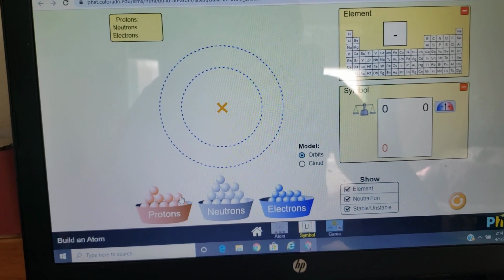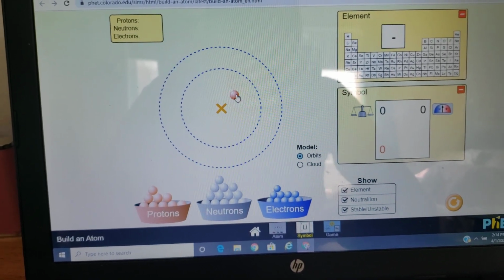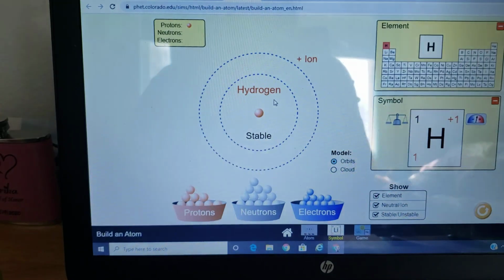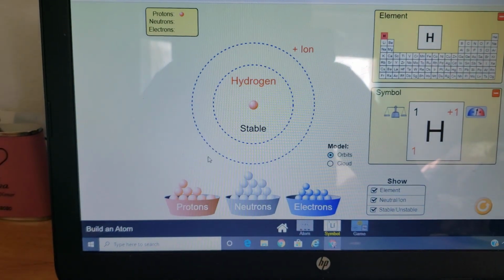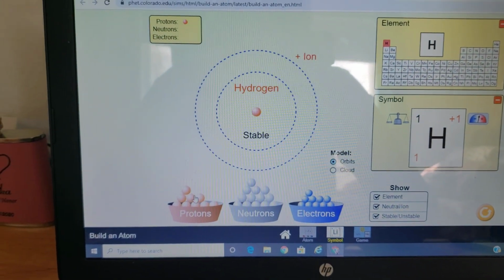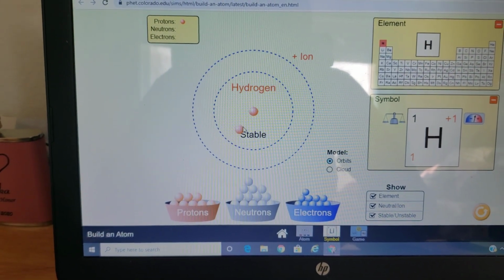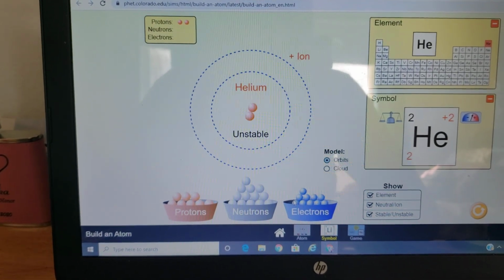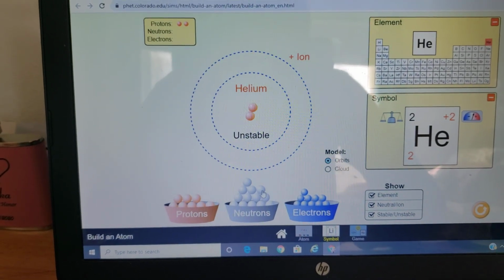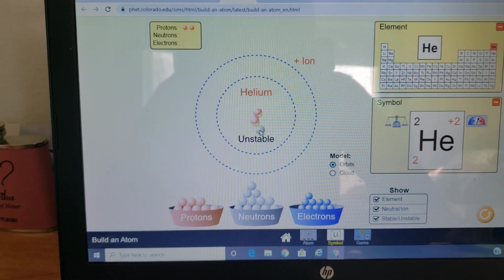If we're starting with helium, how many protons do we need? I can check here too and it'll pop up. Helium has 2 protons, so I have to make sure I have 2 protons if that's the one I'm building. Then it's telling you it's unstable. So we have to figure out how to make our nucleus stable.